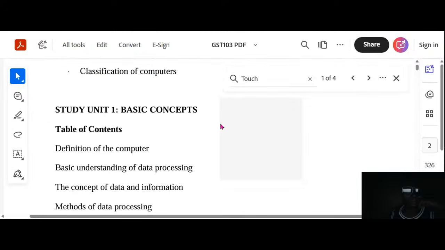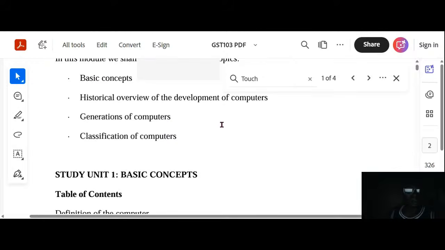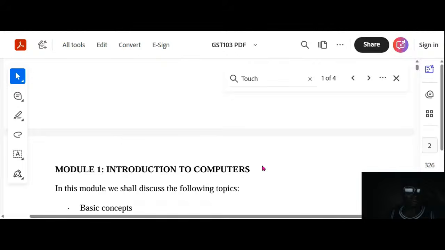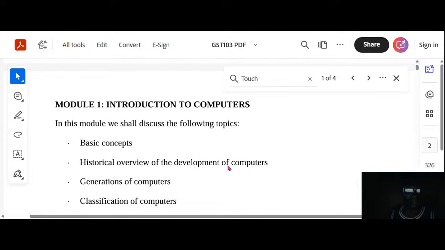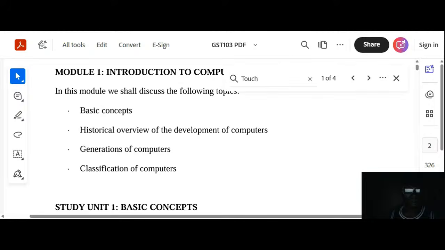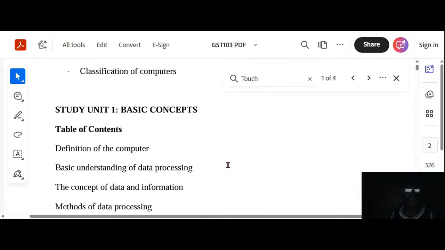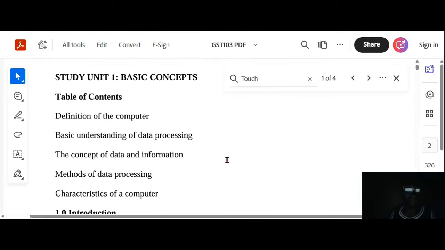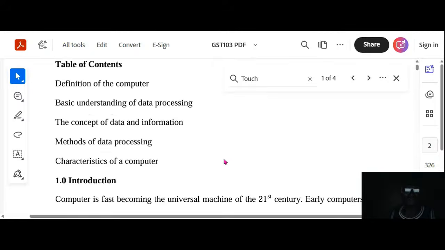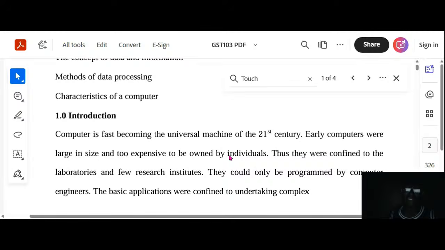Okay. All right. That is the basic concept of the computer, the definition of the computer, understanding data processing, the concept of data information, methods of data processing, characteristics of a computer. Now, computer is fast becoming the machine of the 21st century.